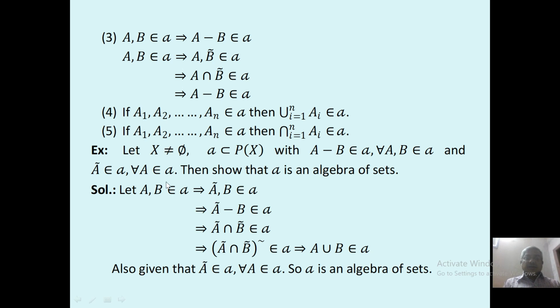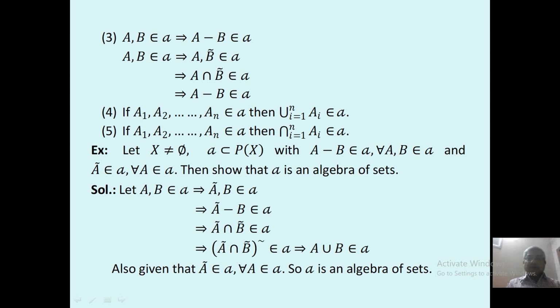A, B belong to script A. By condition number 2, A complement also belongs to script A. So A complement and B belong to script A. Now by the first condition, the difference of these two sets also belongs to script A. So the difference A complement minus B belongs to script A. A complement minus B is nothing but A complement intersection B complement.